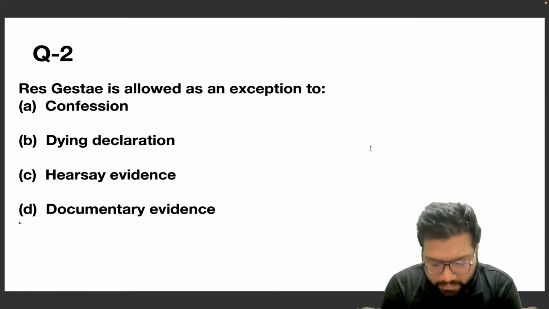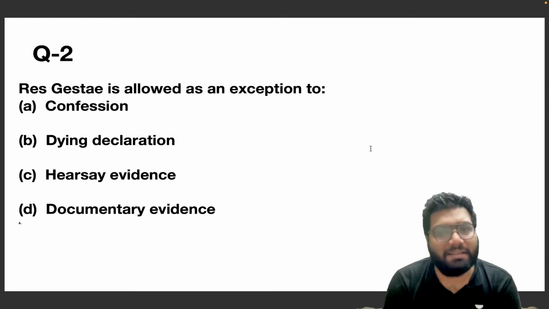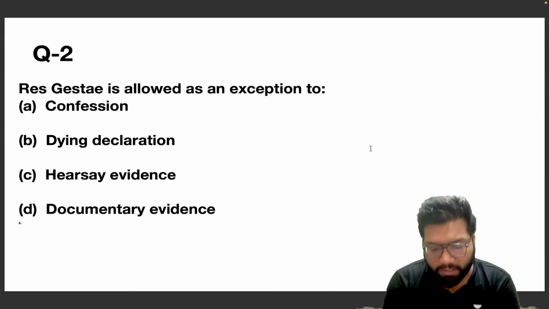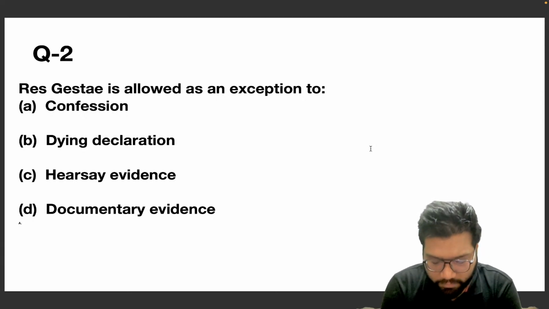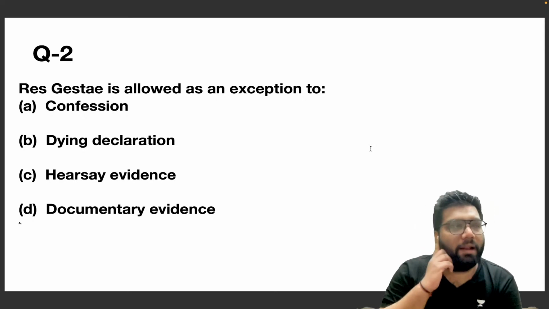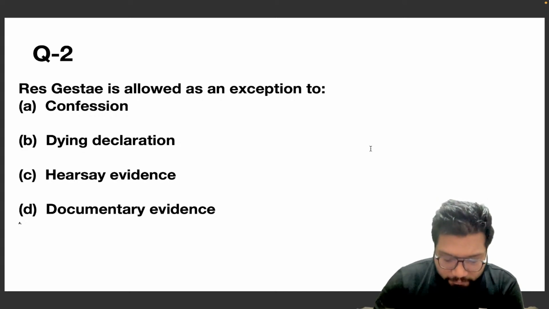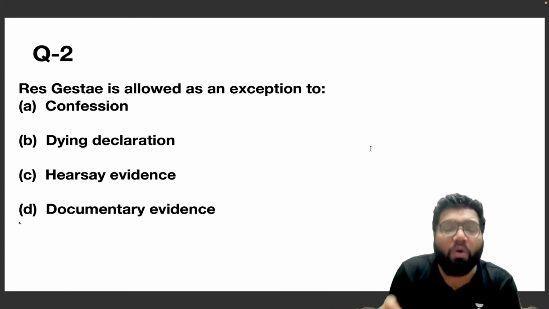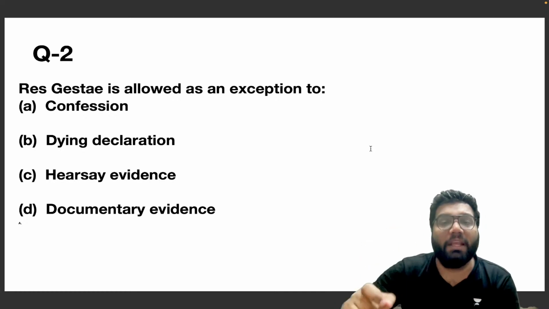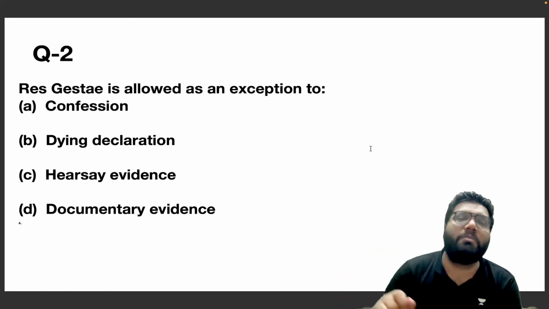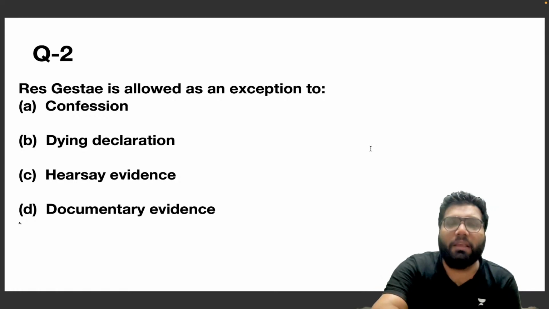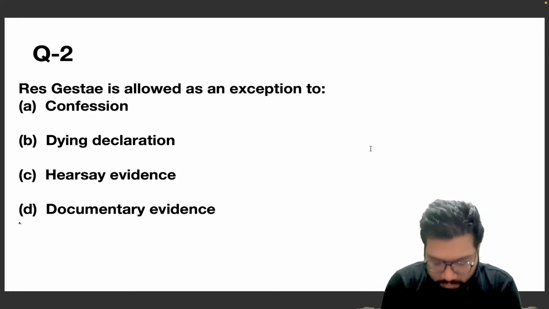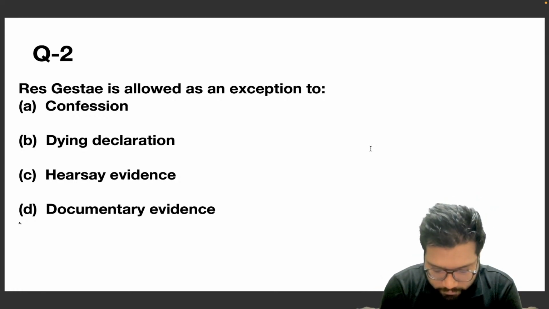Like Kirti and Satyam, both of your answers are correct, but again, a key term is missing there. Let me help you out here. If you are writing it is because of the same transaction, then my counter question again: how is the concept of same transaction making hearsay evidence an evidence? Okay, you have given the case law as well.